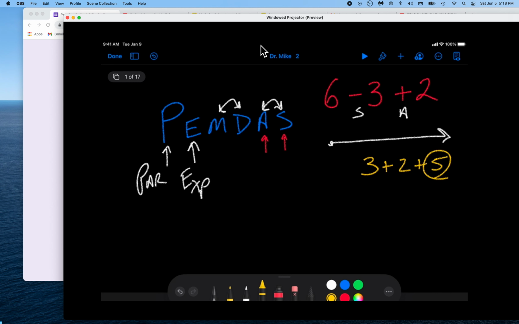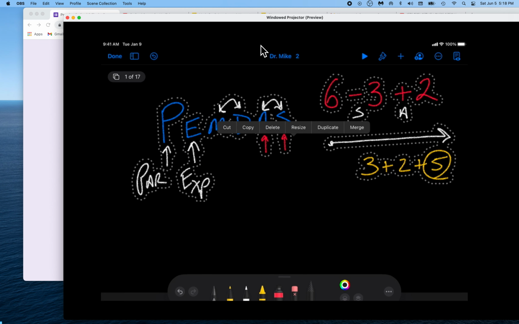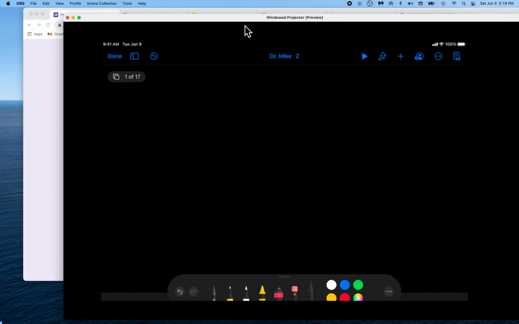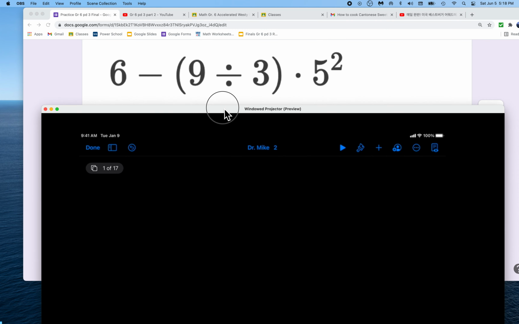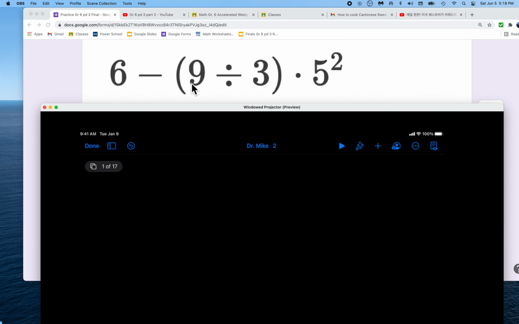Okay, let's go to our problem. Okay, so what do we have? We have parentheses, and we have an exponent, multiplication and division. Okay, I'm going to try to keep PEMDAS written up here.